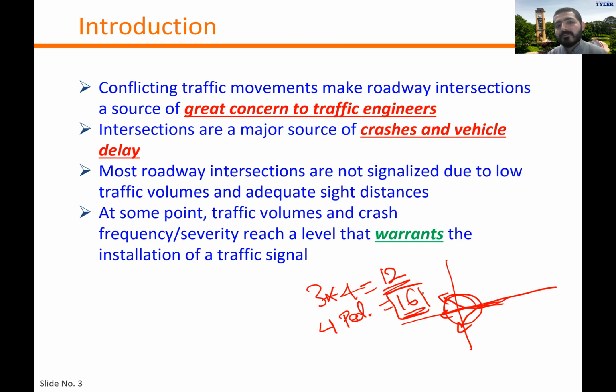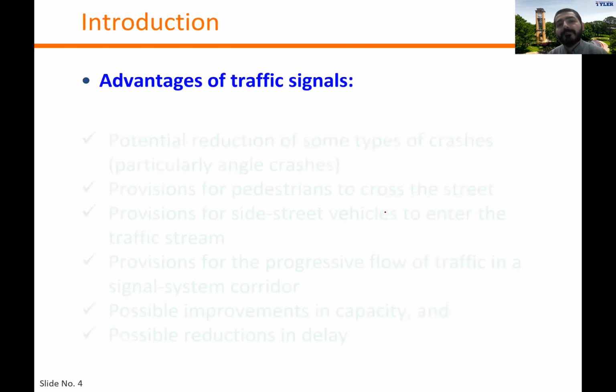And we mentioned that to get an agreement or the okay to have a traffic signal at a certain intersection, we have to satisfy at least one of those warrants that we're going to talk about next semester.